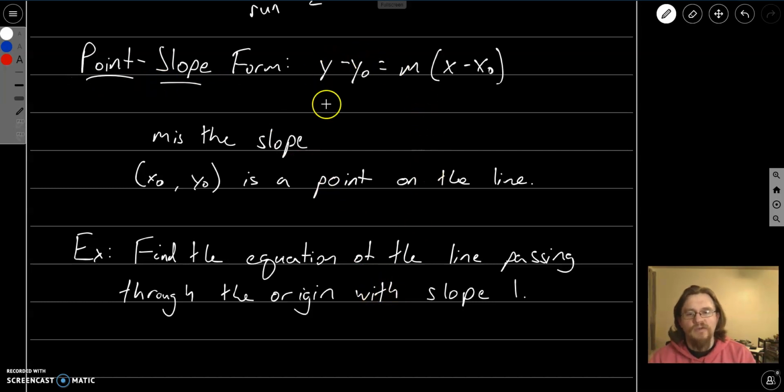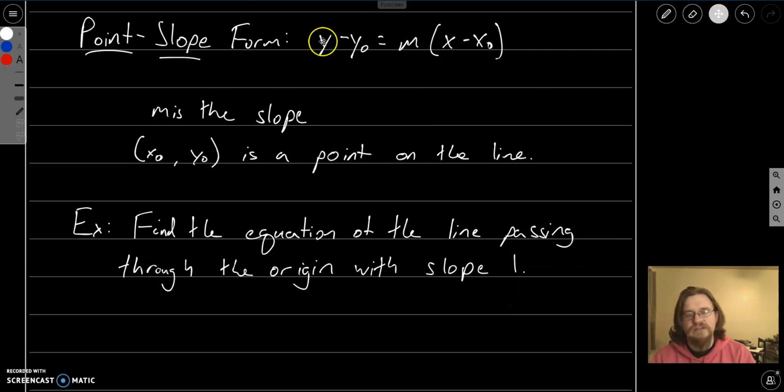And in point slope form, we have y minus y naught is equal to m times x minus x naught. Again, we use an m because this is going to be the slope of the line, and x naught and y naught is going to be any point on the line, and this is quite nice.